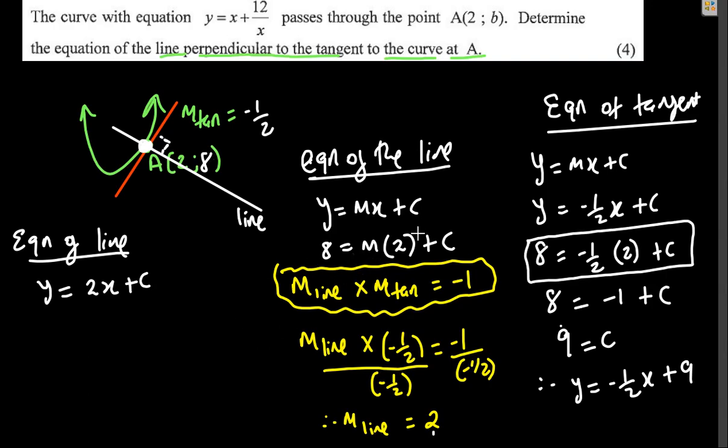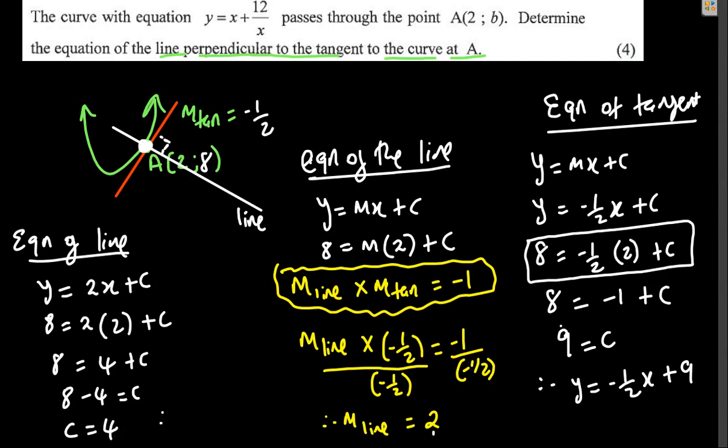Then we just substitute the point there, y is 8 and x is 2, to get c. We're going to say 8 equals 4 plus c. Let me say 8 minus 4 would be c, therefore our c would be 4. Therefore the equation of the line is y equals 2x plus 4. Alright, y equals 2x plus 4.